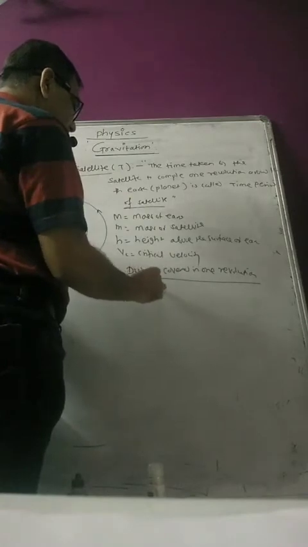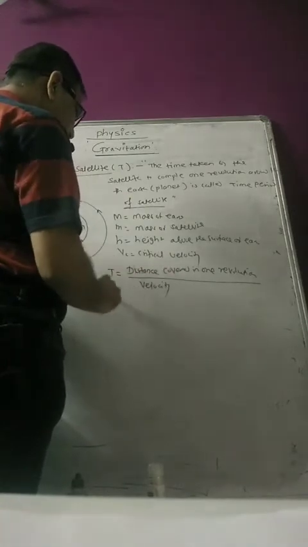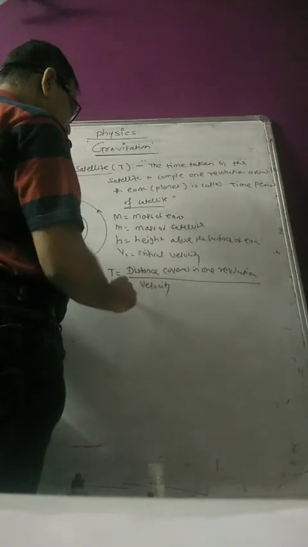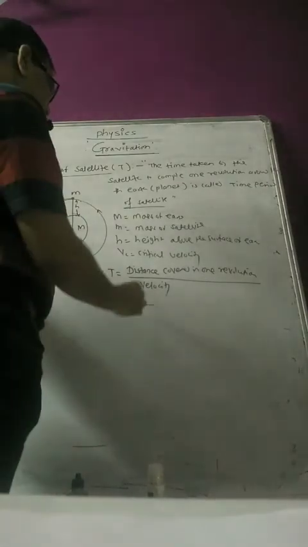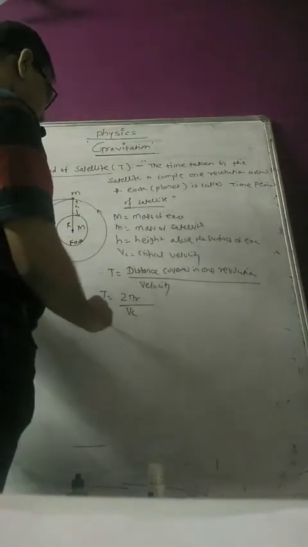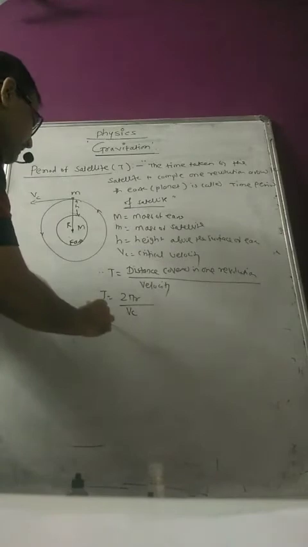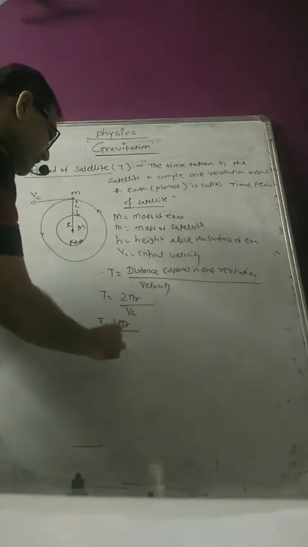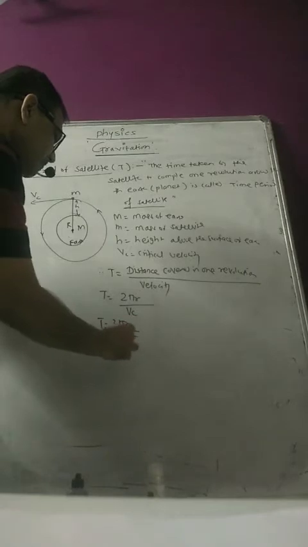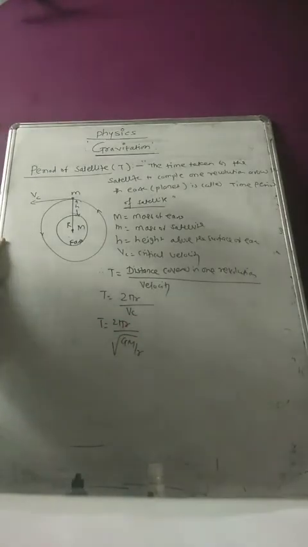With what velocity is the satellite moving? Distance covered will be 2 pi r, where r is R plus h, and the velocity will be the critical velocity. Therefore the time period of this satellite will be 2 pi r divided by square root of GM by r, where r is R plus h.